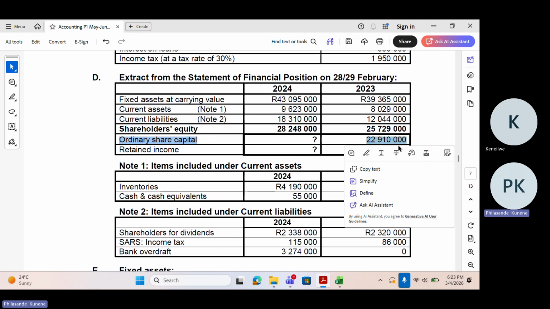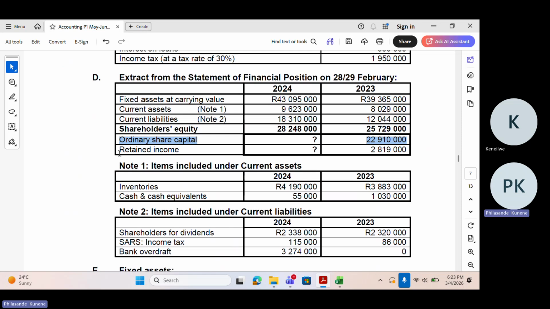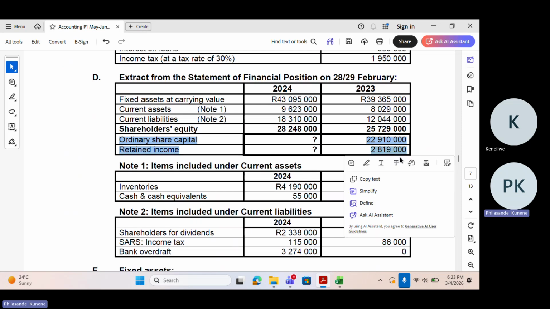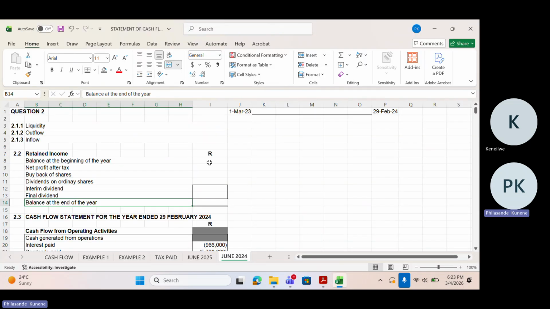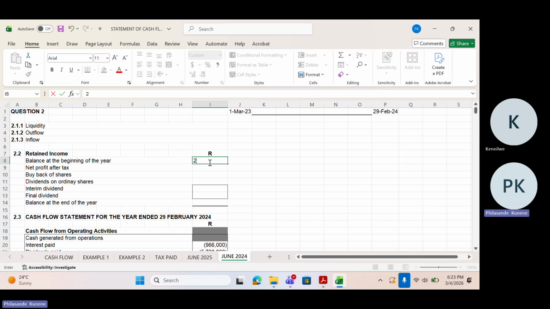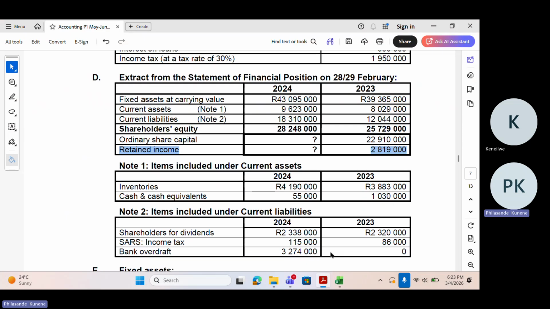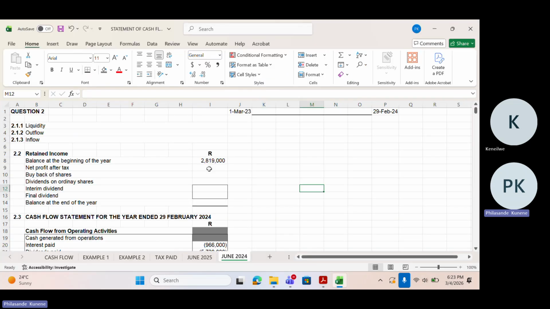Retained income, this is what we're actually looking for, which is 2,819,000. So this will be our opening balance, 2,819,000 rand. I'm going to have it here, balance at the beginning, 2,819,000 rand.